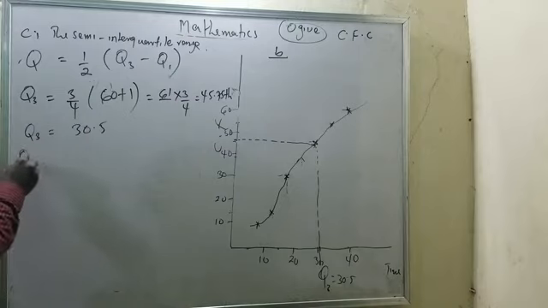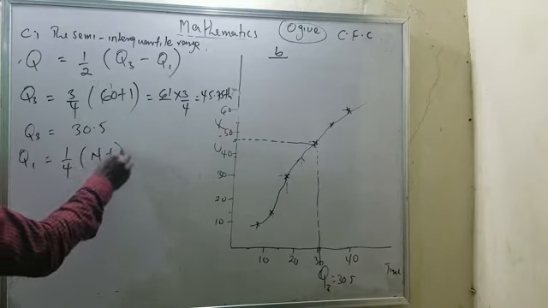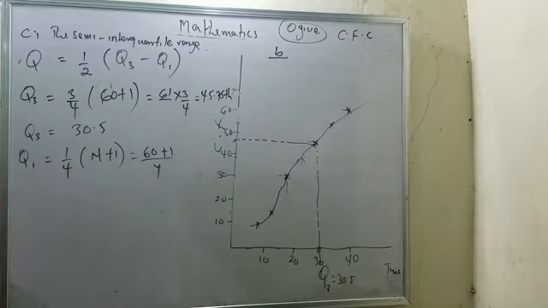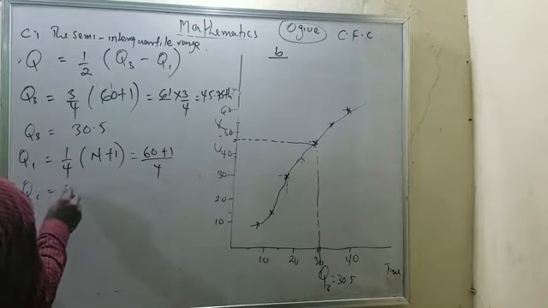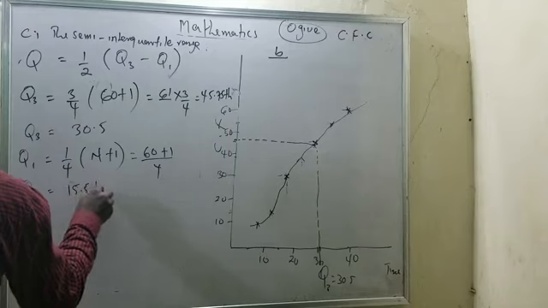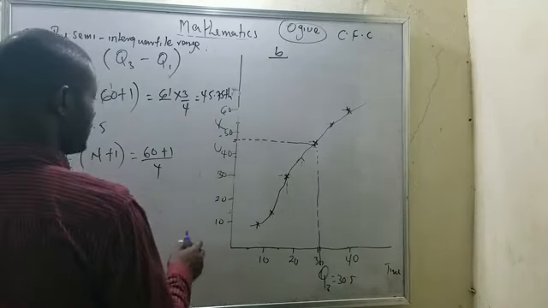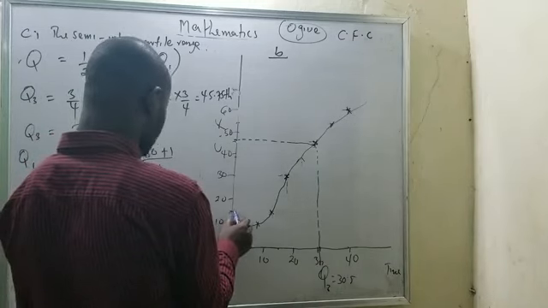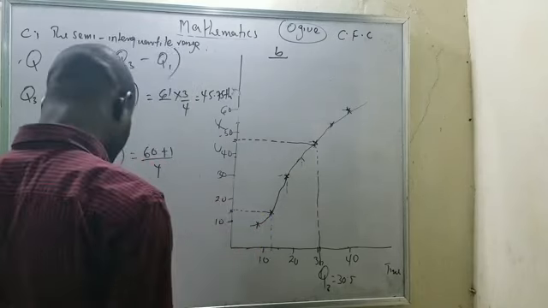Now my Q1 is equal to 1 over 4 of the number plus 1, which is 60 plus 1 divided by 4, giving the 15.25th position, about 15.5. So I come to 15.5 on the cumulative frequency axis, it will be somewhere here, and I draw it down to the curve.